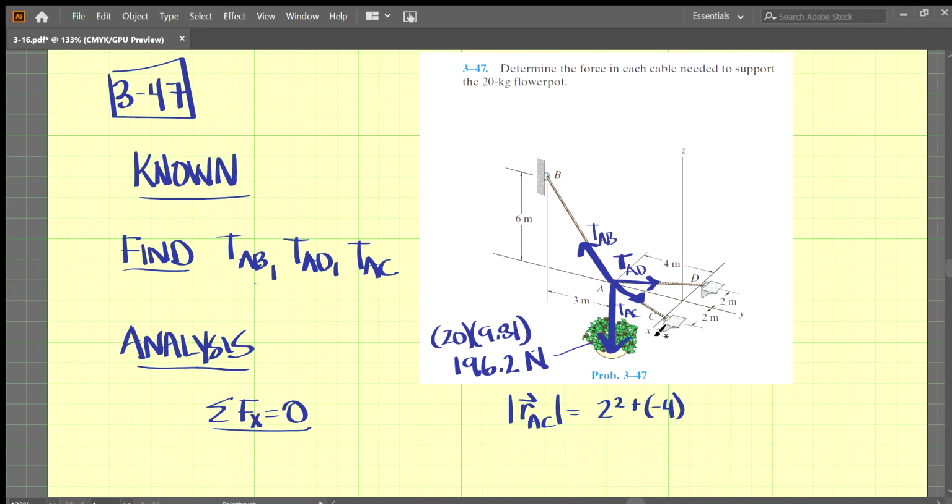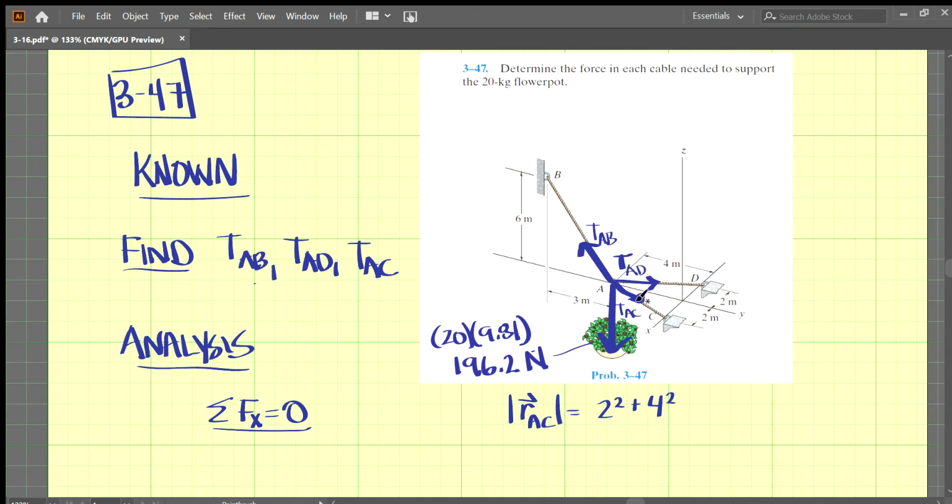Oh, messed that up. Okay, so the 2 is correct because we're going from A to C. So that's +2 in the x direction. In the y direction, from A to C, we're actually moving in the positive y direction. So that is 4 meters.